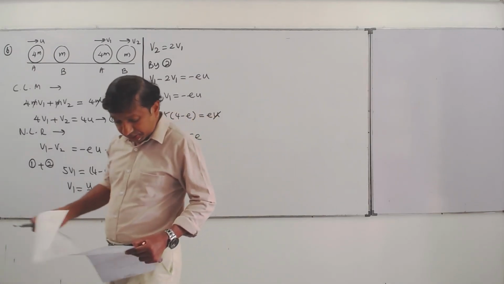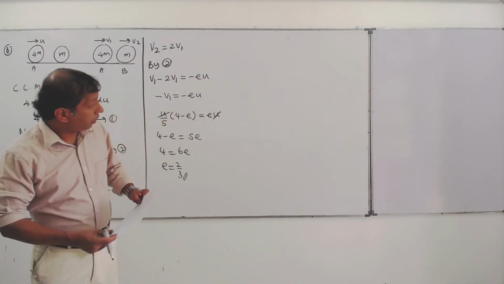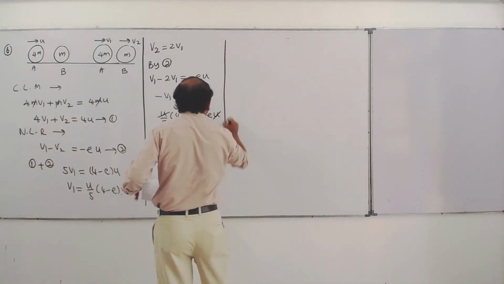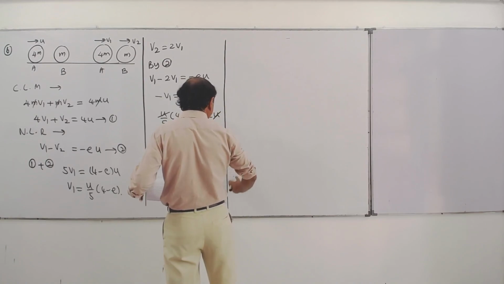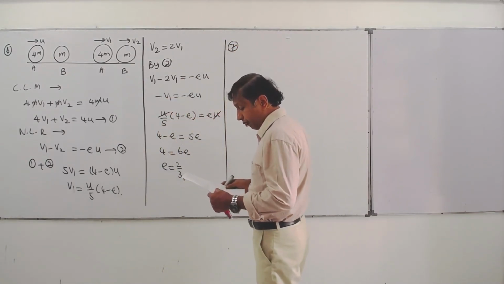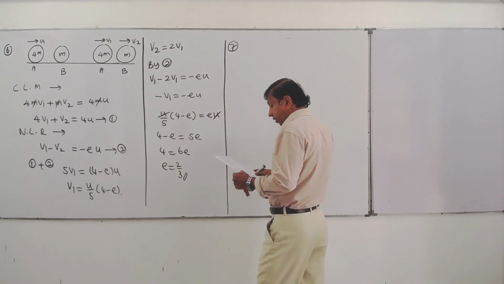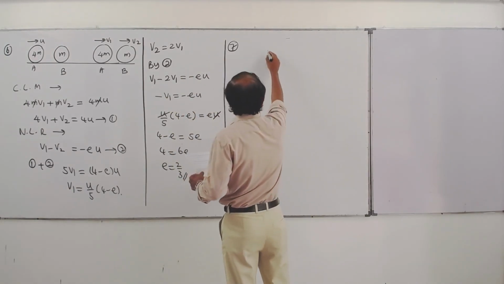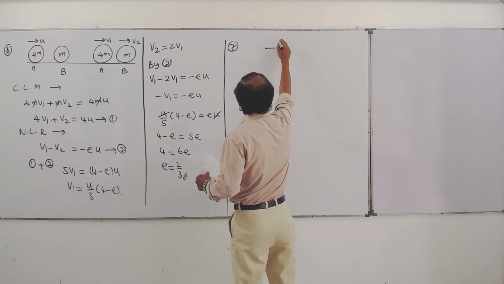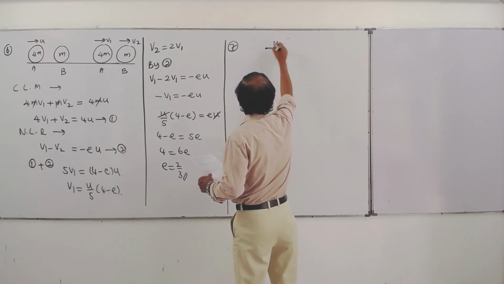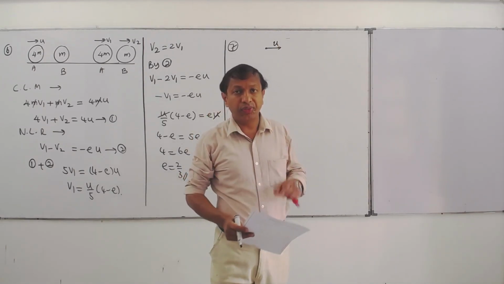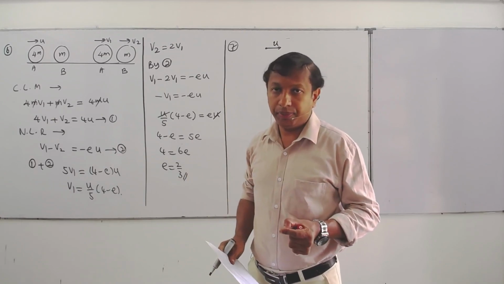Number 6 is that. Number 7. A bomb is dropped from a plane flying horizontally with speed u. When the bomb is dropped, its horizontal velocity is the velocity of the plane.